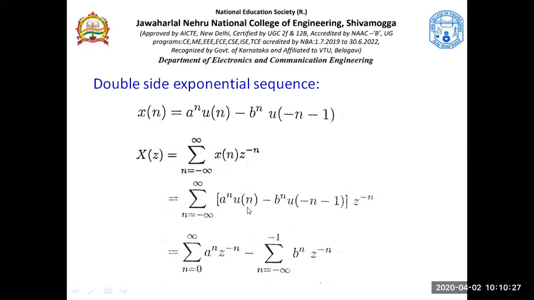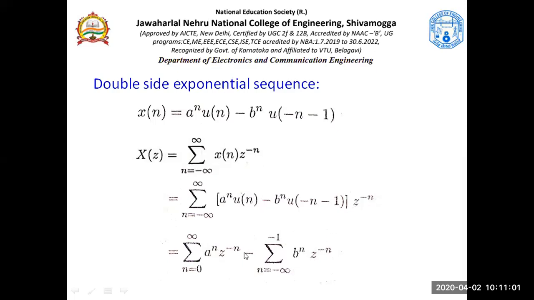When you apply the summation to this sequence, since u of n is 1 for 0 to infinity, this minus infinity to infinity would become 0 to infinity, along with z to the power of minus n. Similarly, this signal along with z to the power of minus n is 1 from minus infinity to minus 1. So this being substituted as 1, you'll be left with minus b to the power n z to the power of minus n. That minus is taken here.